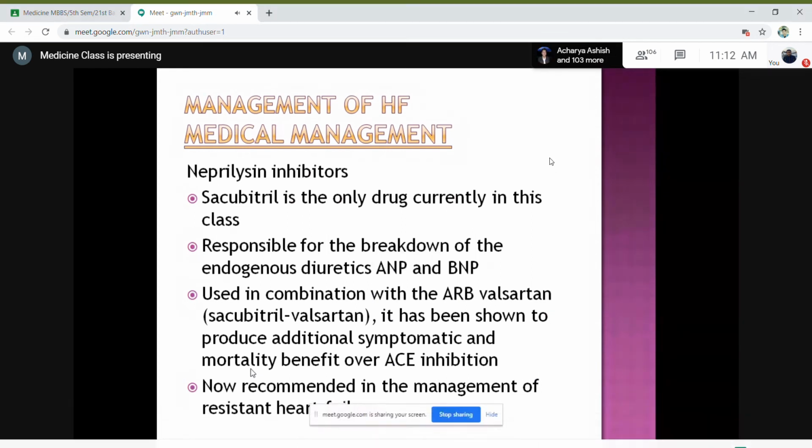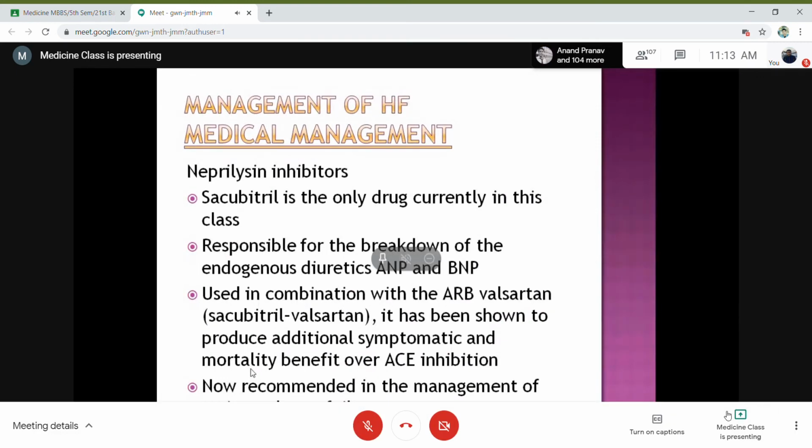If used in combination with ARBs, mainly valsartan, since studies have been done with valsartan, it has been shown to produce additional symptomatic and mortality benefit over isolated ACE inhibitors. So this is the drug that is used for treatment of resistant heart failure. That means you have given the standard treatment with ACE inhibitors, ARBs, beta blockers, diuretics, and the patient still remains symptomatic, then this is the new drug that has been introduced.